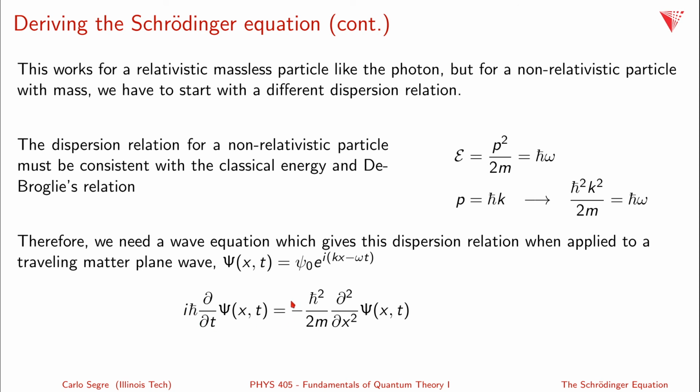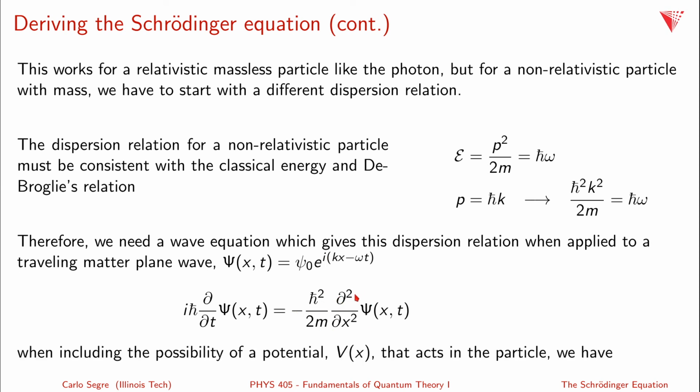On the right side, there has to be a minus sign here because you've got to get h bar squared k squared over 2m, and when you take the second derivative, you'll get an i squared, which gives you a minus 1. So if you have a minus sign here, this turns positive. Now, if you add a potential, V of x, then you can just have V of x times psi of x and t. And this is now the derivation of the Schrödinger equation.